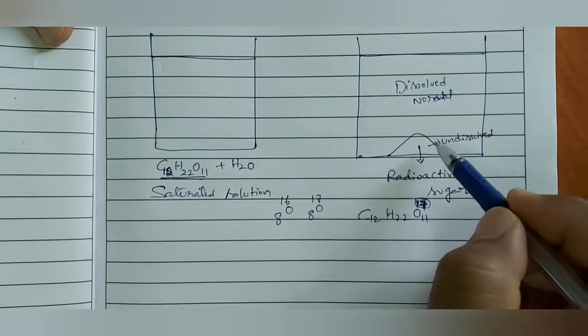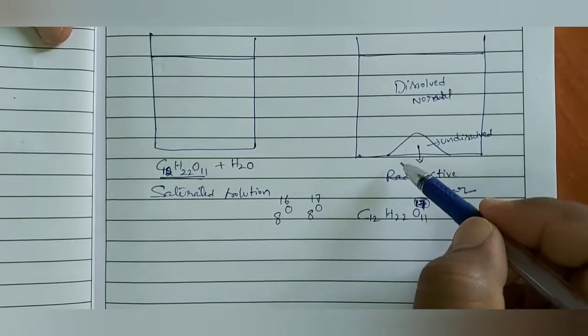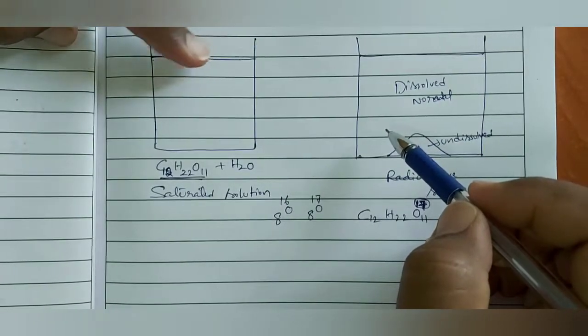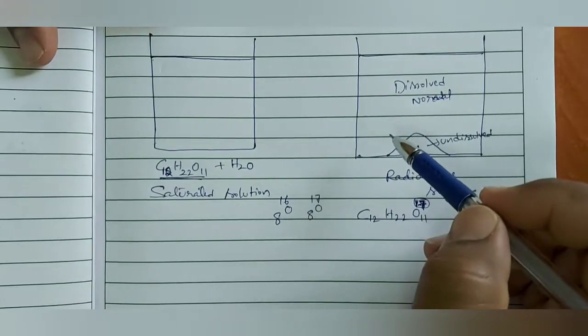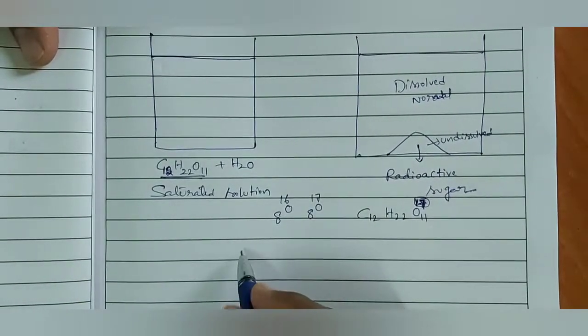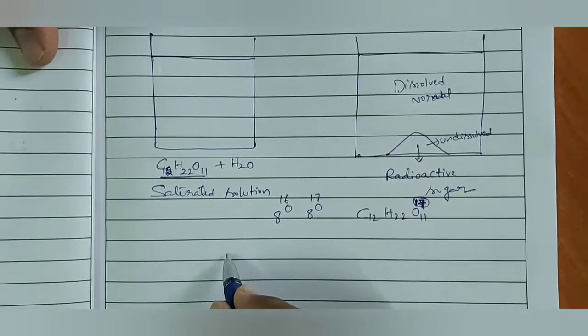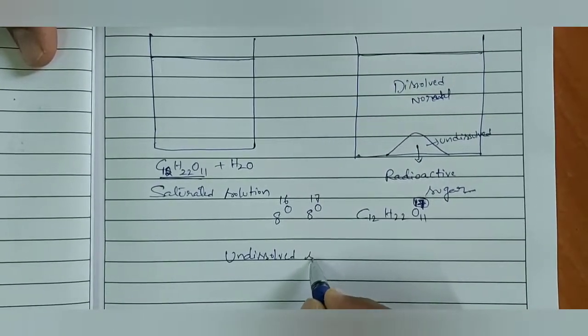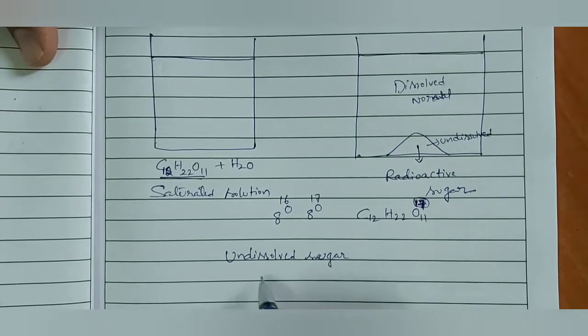Is it correct? Because this is only what we added from outside, which is radioactive in nature. Previously I prepared a saturated solution with normal sugar only. But after some time, initially, undissolved sugar is completely radioactive.